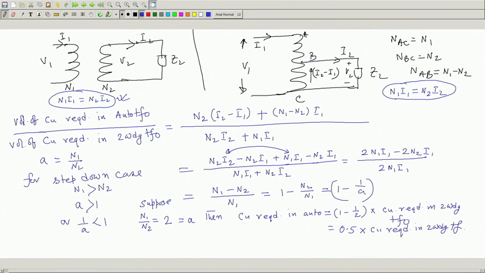So, if you require say 10 kg of copper to make a 2 winding transformer, you will be requiring only 5 kg of copper to make an auto transformer, is not.